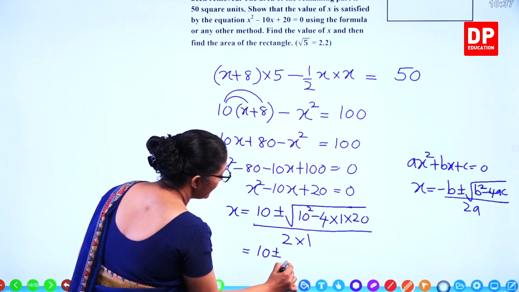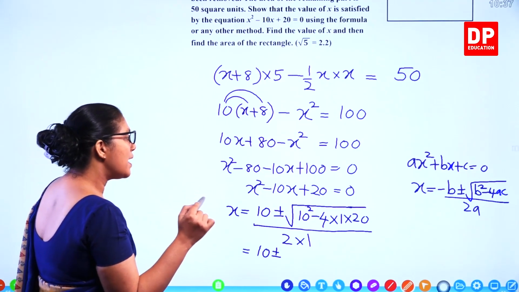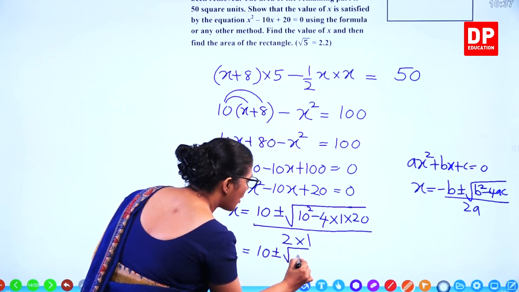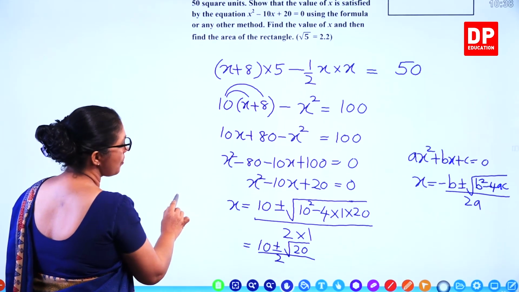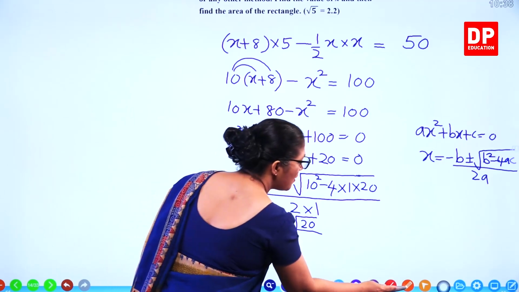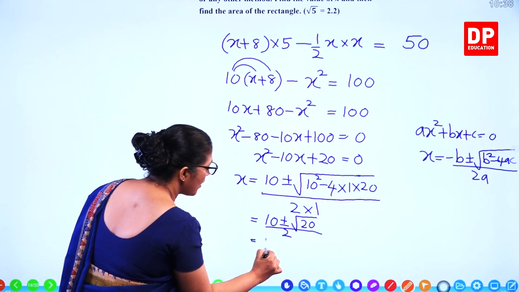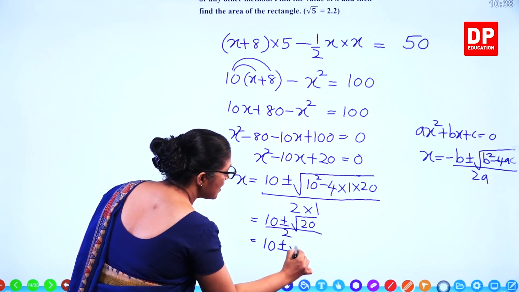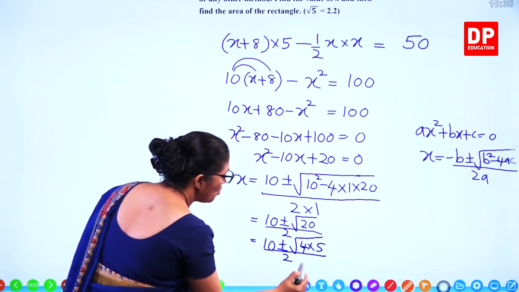10 plus or minus. 4 times 20 is 80. 100 minus 80, 20. Square root 20 divided by 2. 20 you can simplify. What's the square number? 4. 4 times 5. So you can write 10 plus or minus root of 4 times 5 here over 2.